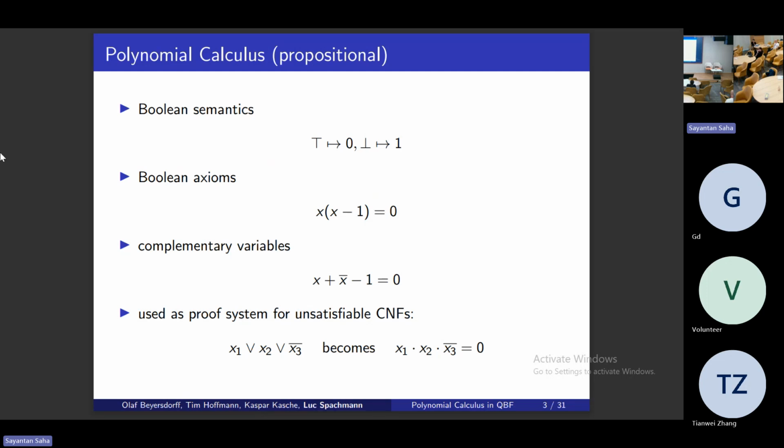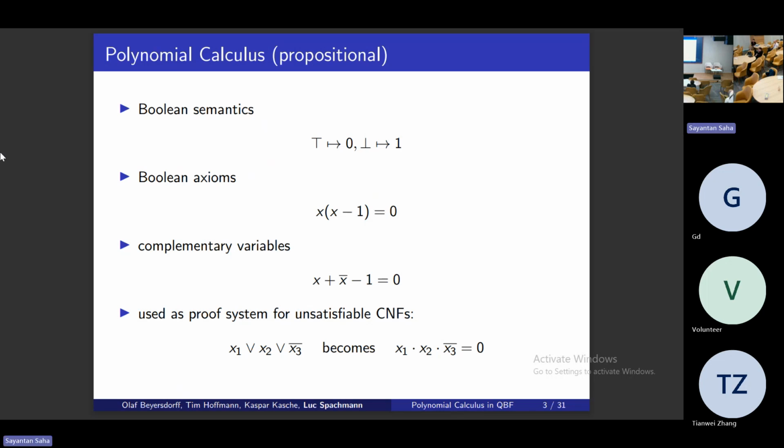So there are complementary variables, x dash, which just mean the complement of x. And to ensure that it really is the complement of x, we have those axioms, here, x plus x dash minus 1 equals 0. Oftentimes, if we have those complementary variables, it is also called PCR, polynomial calculus with resolution, but it is used quite interchangeably here. So I always talk about the version with these variables.